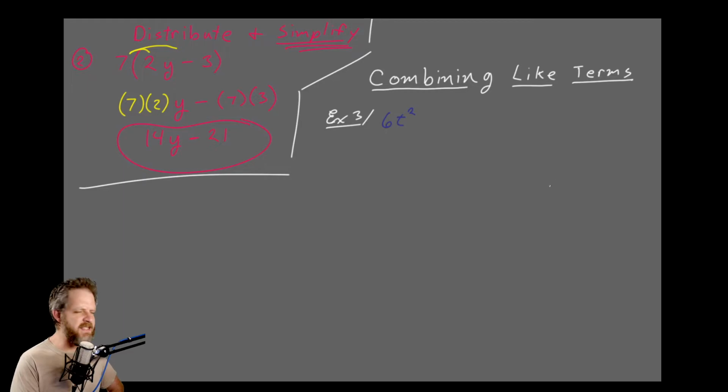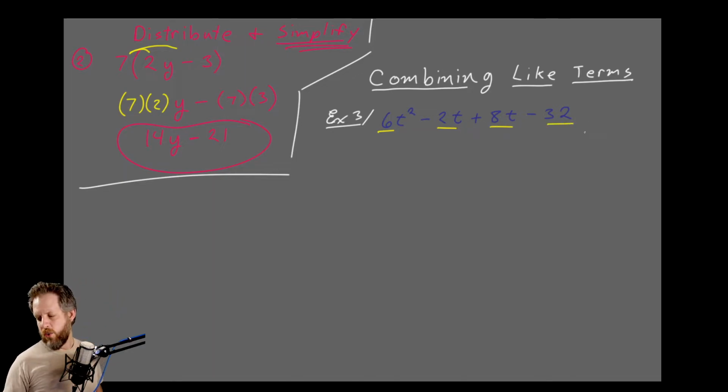That doesn't look too bad to me on either screen that it's appearing on over here. Let me know how it looks for you guys. 6t squared minus 2t plus 8t minus 32.